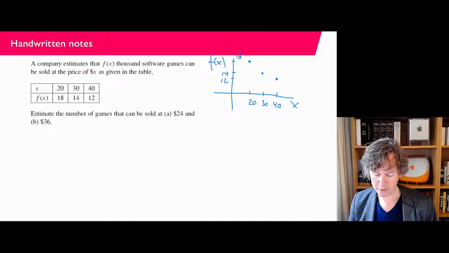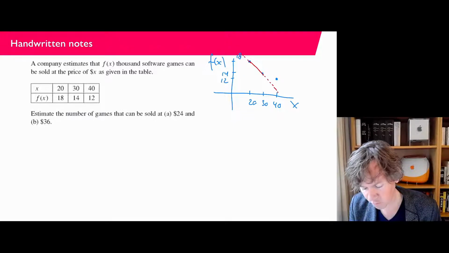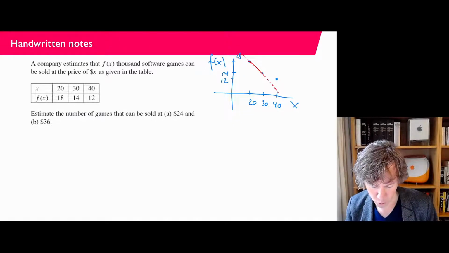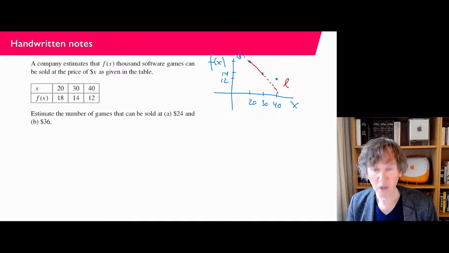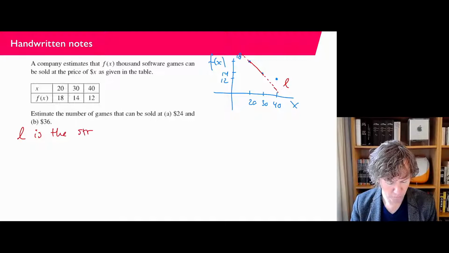So the main idea is that in between 20 and 30, we are going to draw a straight line here. So let me just dash this a little bit further. And let's call this line here L. So L is the line. I'm going to emphasize it and say the straight line.